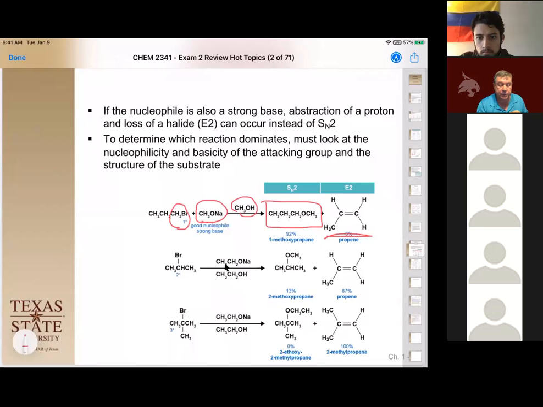Now, by changing the nature of the substrate, changing it to secondary, we've now decreased the rate of the substitution reaction. Just going from a primary to a secondary, that decreases the rate, right? And now that promotes the rate of the elimination because we still have a strong base, but we've decreased the rate of our substitution. Therefore, our elimination product becomes our major product.